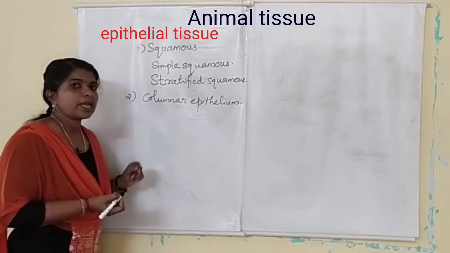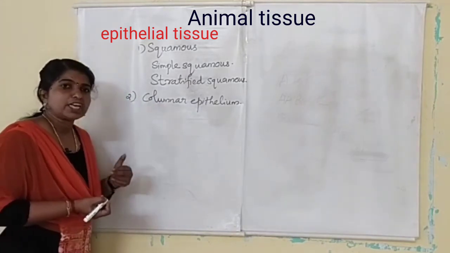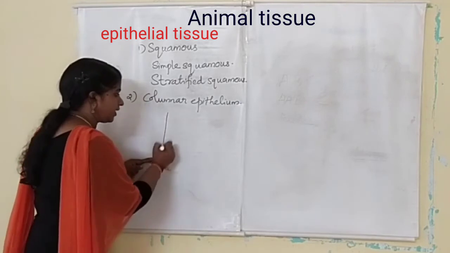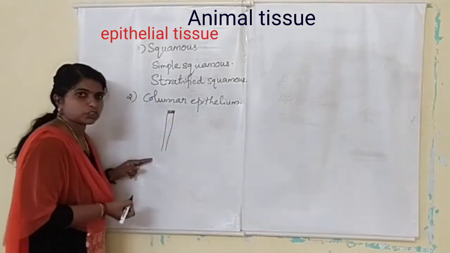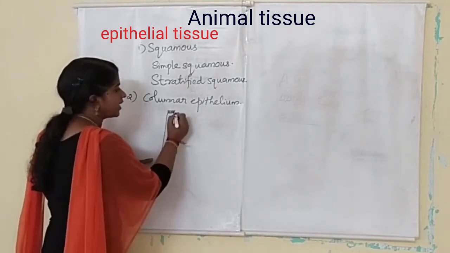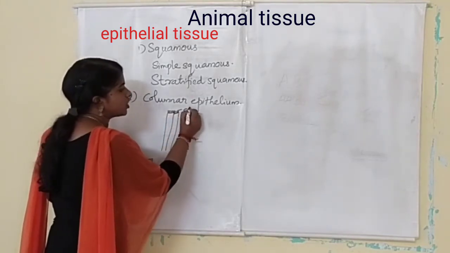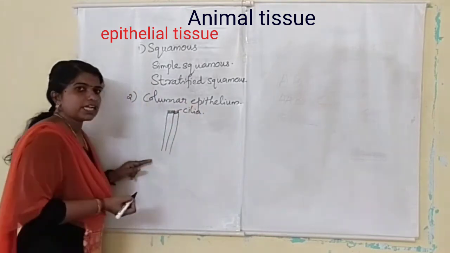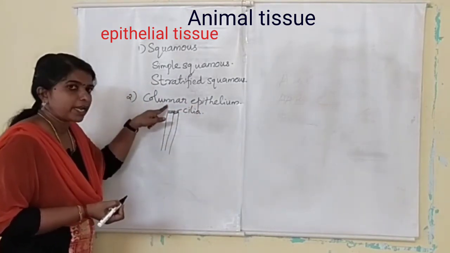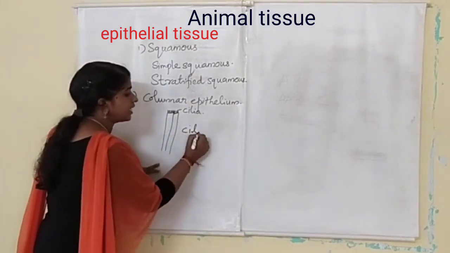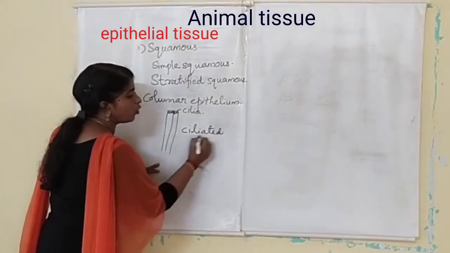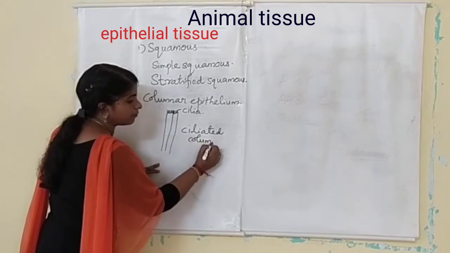The columnar epithelial cells in the respiratory tract contain on the free surface many hair-like structures, and these hair-like structures are known as the cilia. Such columnar epithelium with cilia are called ciliated columnar epithelium.